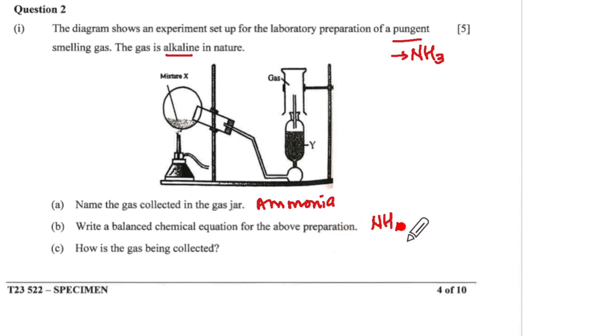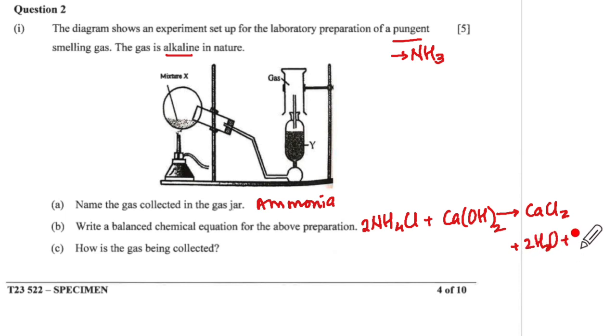So we will have NH4Cl plus Ca(OH)2, that is your calcium hydroxide. Calcium will take chlorine and it will become CaCl2. So we'll balance this like so. CaCl2 plus 2NH4OH means 2H2O plus 2NH3, up arrow.